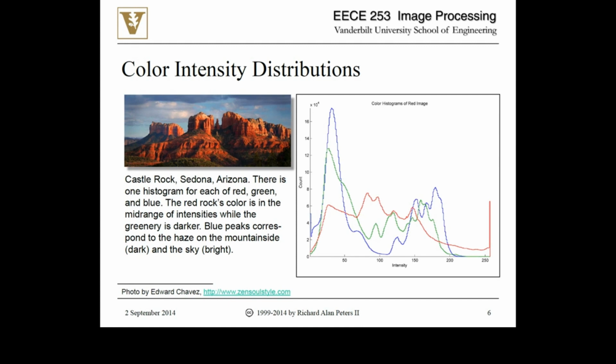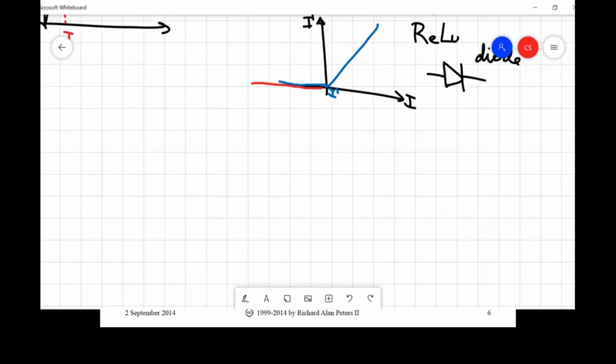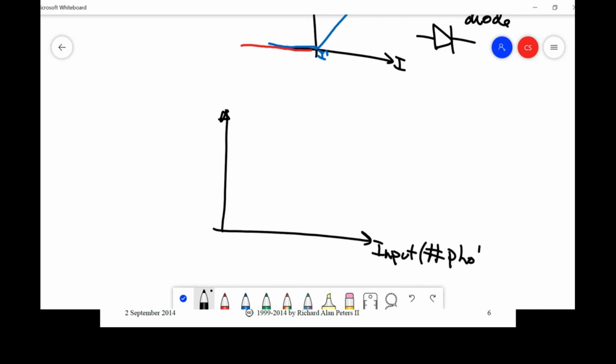And actually that has to do with something that we normally don't think. Let's say that we plot here what is the response of a sensor to the input. So this will be input, that would be number of photons, and this will be output.